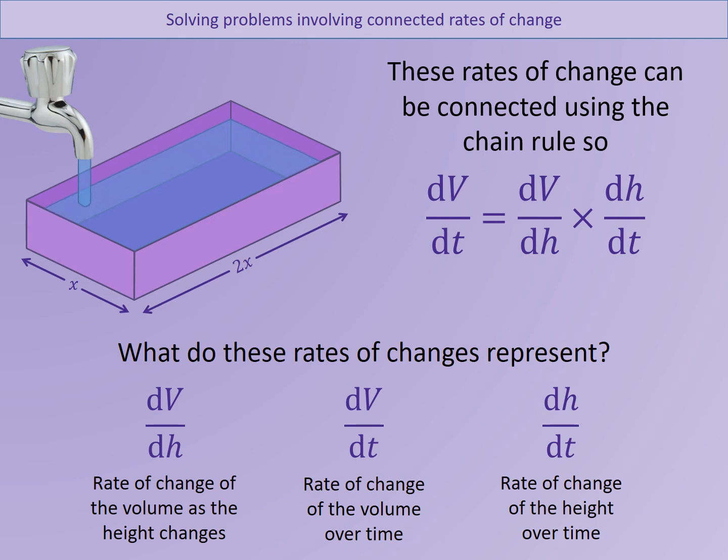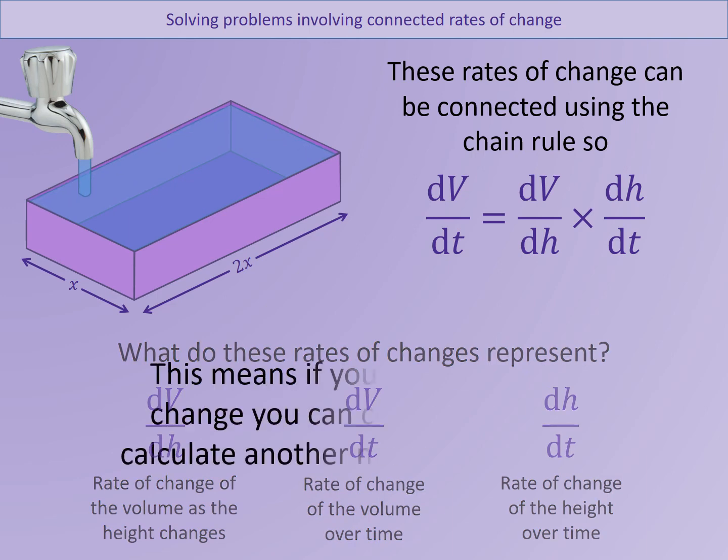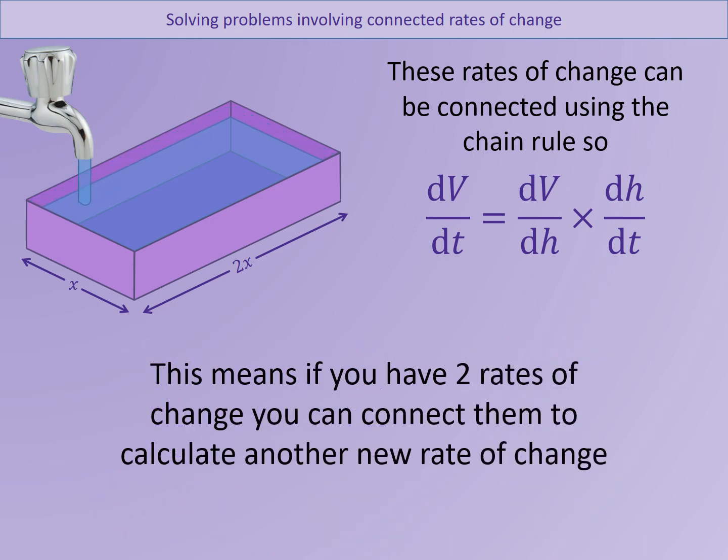It's vital that you understand how to use the chain rule, but most importantly, being able to write the correct gradient function from the words is the most important bit.